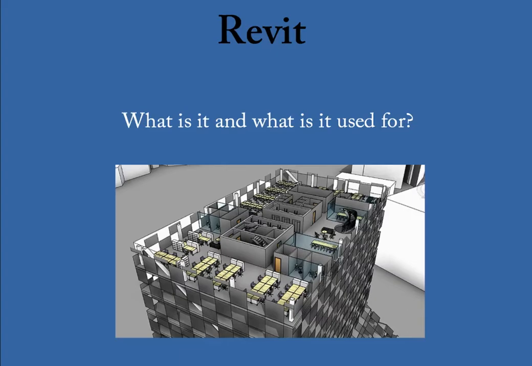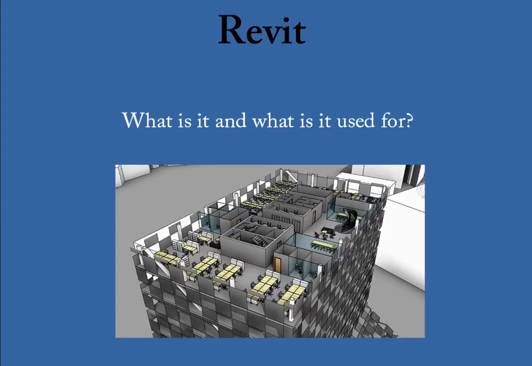You'd have an architect create the floor plans in AutoCAD, and then you'd have structural engineers work on creating the structural elements of the building, and it was all very partitioned and very separate, and it was very difficult to manage a large scale project such as a building, because there were so many different people who were working on the project and they all had to have their own plans.